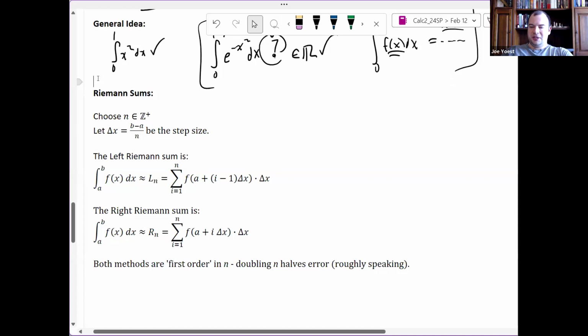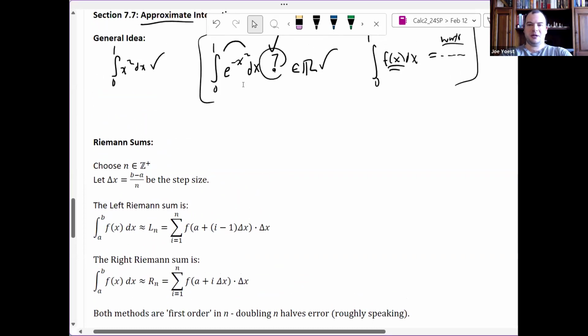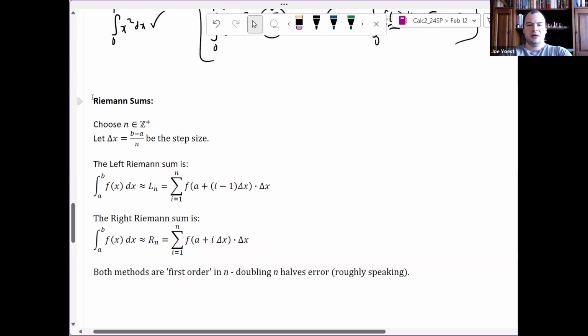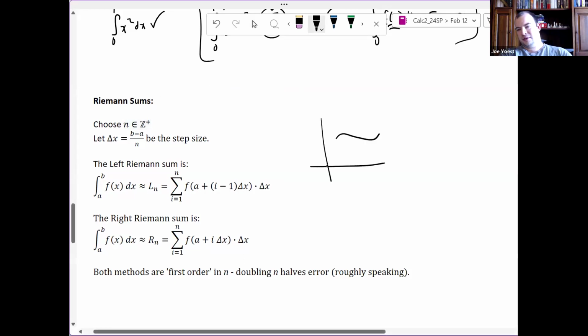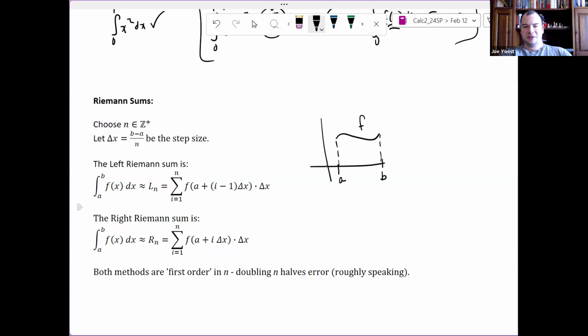So what are some ways that we can get estimates or approximations of the value of these definite integrals? The most basic way is just a Riemann sum. So here I have some function on, say, a to b. And I'm interested in the integral a to b of f of x dx. Well, I can just chop my interval from a to b into a bunch of subintervals.